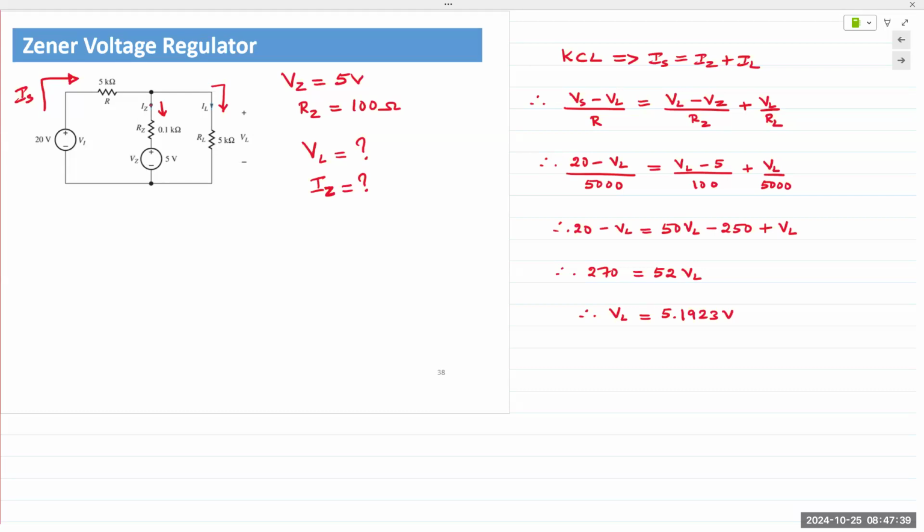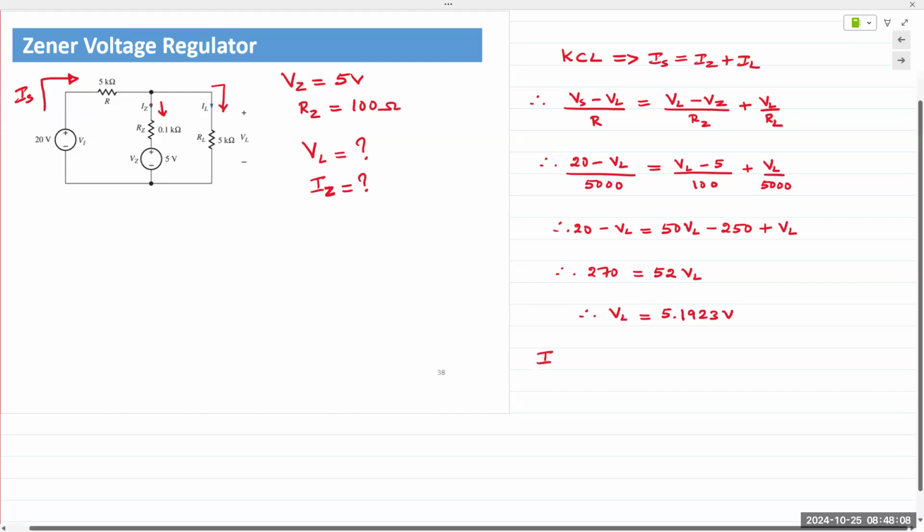All right, then let's find the Zener current. Yes, output voltage would change. As we see here, the 5 volt Zener is providing 5.1923. So now IZ can be obtained from VL minus 5 divided by 100.